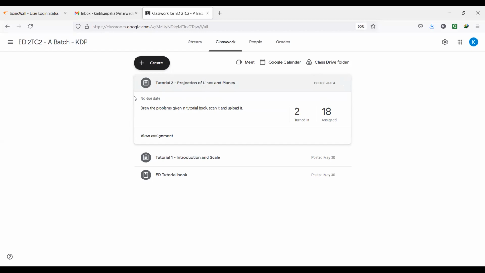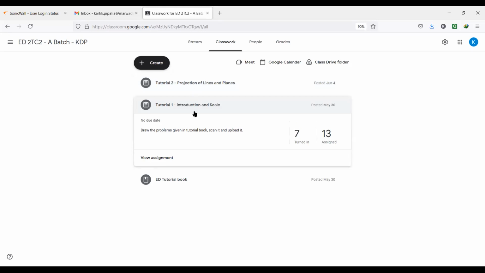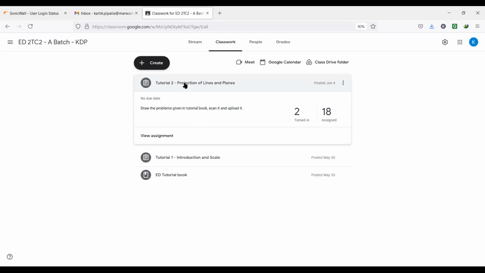We are meeting the second time, it means on Friday. So here in the second session, you need to complete these 2, projection of line and plane and the introduction and scale. So you need to submit me these 2 tutorials. As work of this projection of line and plane, you can select any 3 problems of line, any 3 problems of plane.